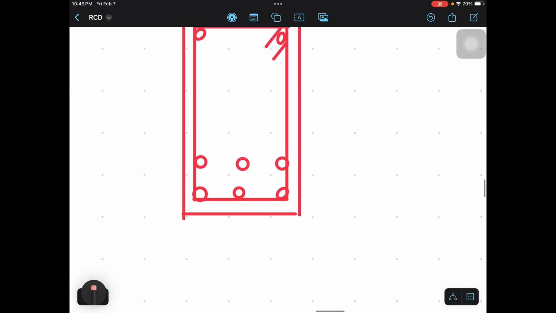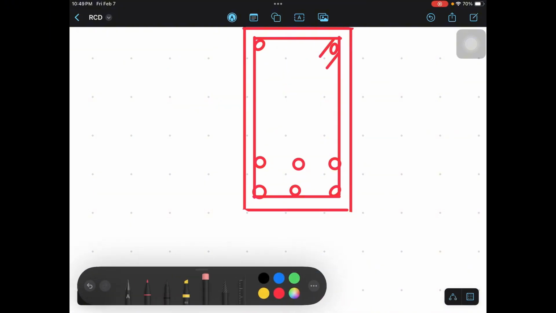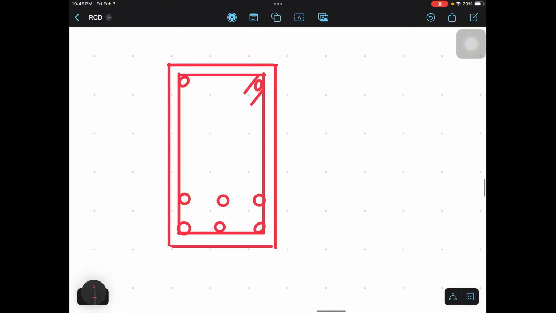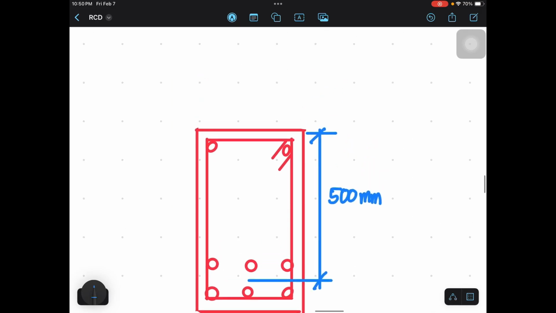Okay, so this is 500 millimeter, and yung ating width ay 300 millimeter.